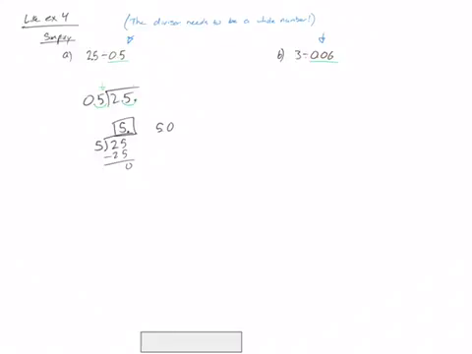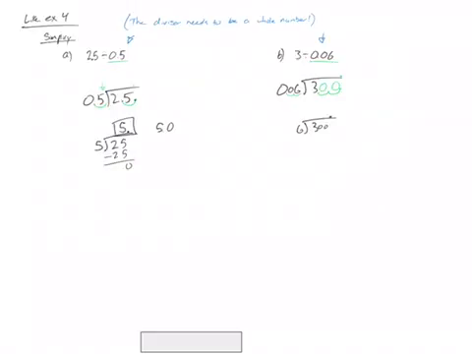Alright, let's do something similar over here. So we have 3 divided by 0.06. We need to move this decimal place over 2 places. It's right here. So we're going to move it over 2 places, adding in zeros. Put the decimal place up there. So my new division problem is going to be 300 divided by 6. And the decimal place is right there.